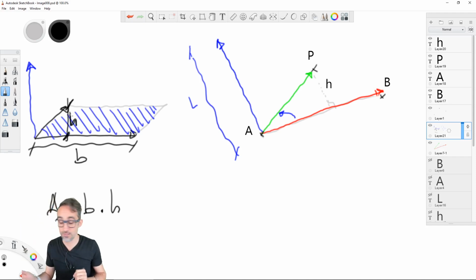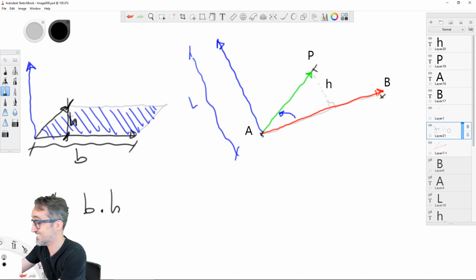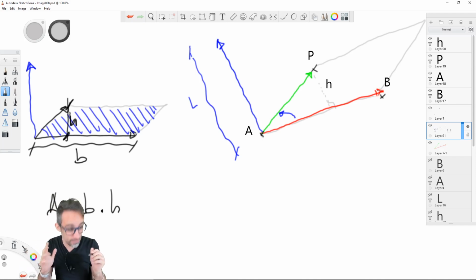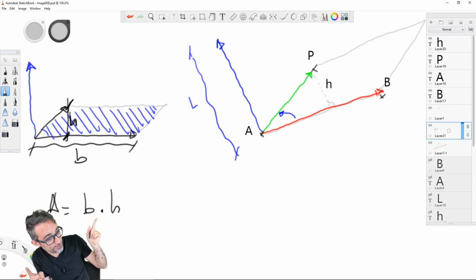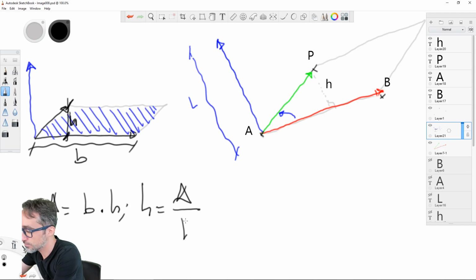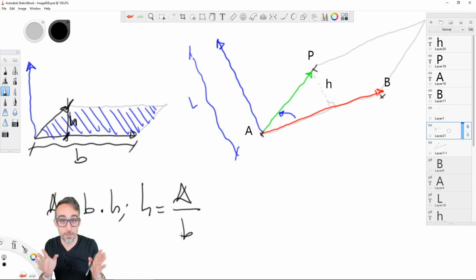As you can see, if I draw this parallelogram here, that H is exactly the value that we're trying to find, right? Which means that the value of H equals the area of that parallelogram divided by the base of the parallelogram.